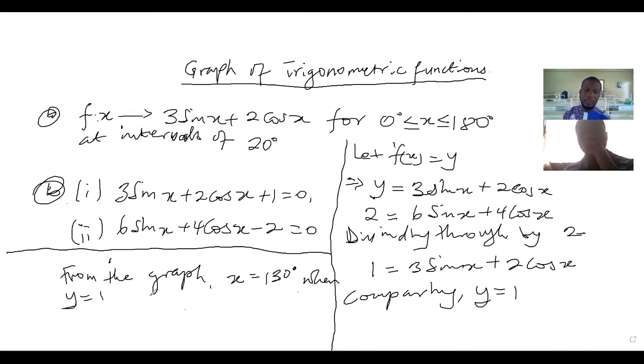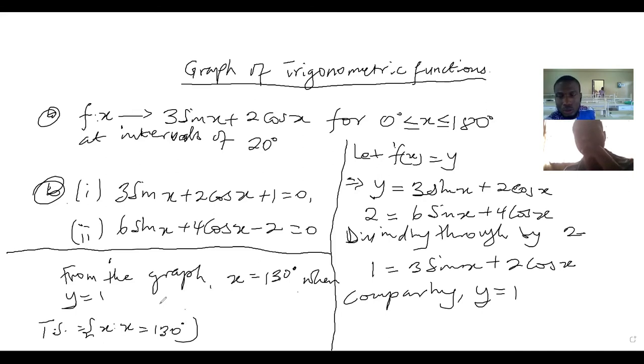So then again, they say we should find a true set. So you always have to conclude what? x is equal to 130 degrees. So let me state this quickly before we move on to the next example.